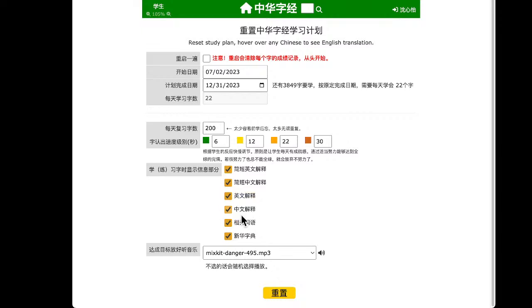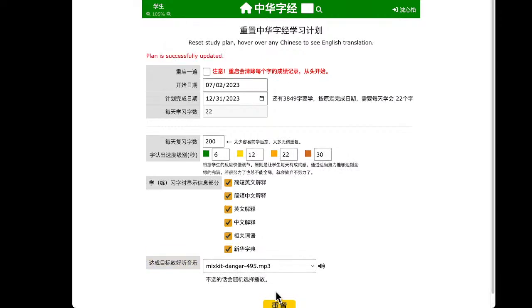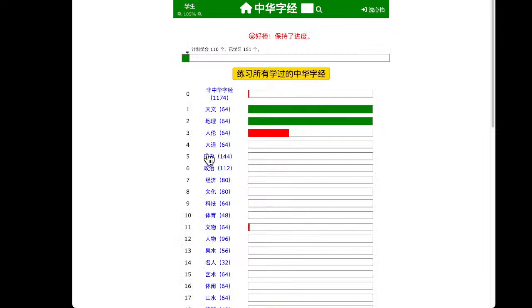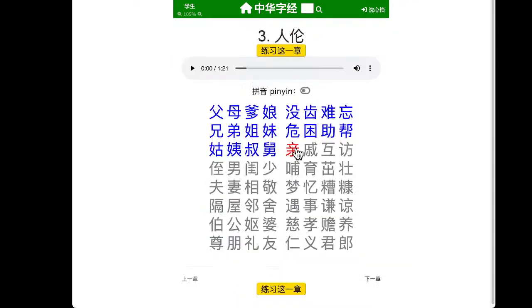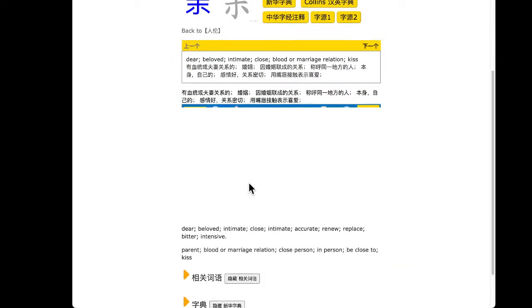I'm just going to go ahead and check all of these. This is the related words and phrases that use the character, and this is the full dictionary entry. So it should be like that, and then when I go back in, I should be able to see that.